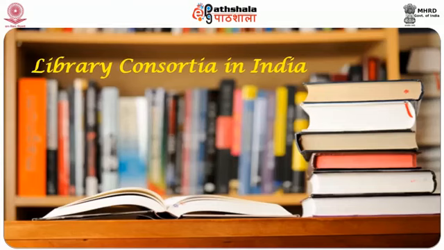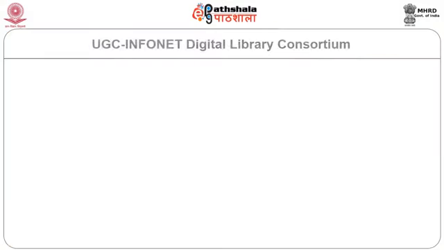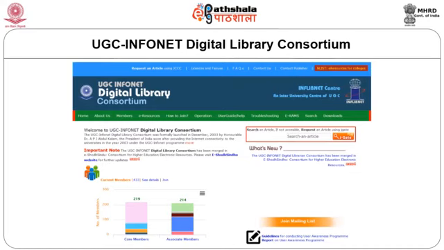Now let's take a view of various initiatives towards library consortia in India. The UGC Infonet Digital Library Consortium. The UGC Infonet Digital Library Consortium was launched by Shri APJ Abdul Kalam, the then President of India, in December 2003.